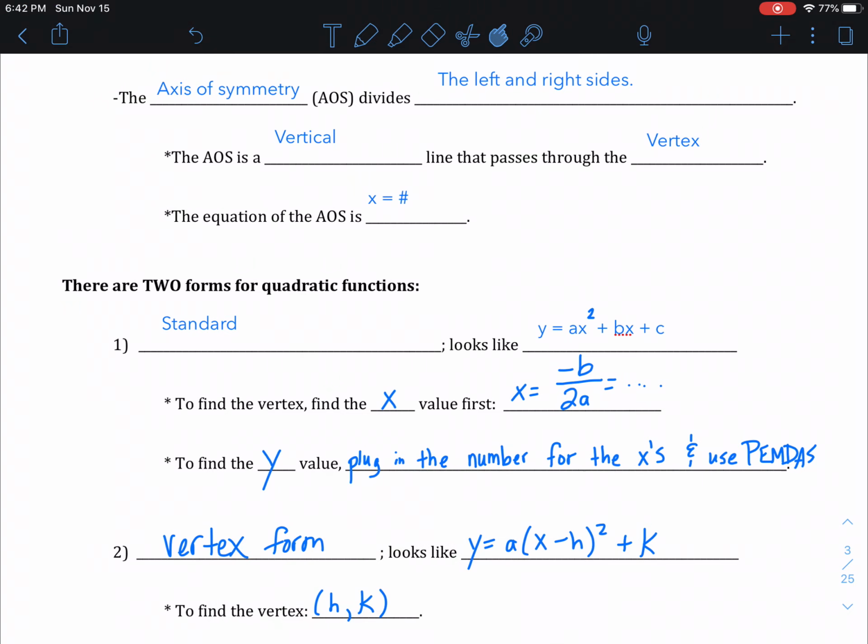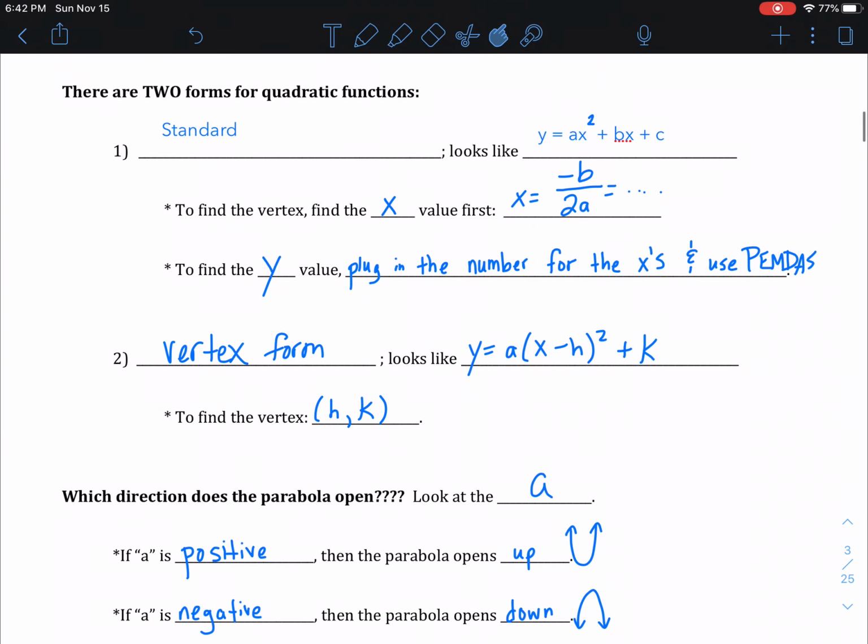So there's two forms of quadratic equations we're going to deal with today. The first one is called standard form, and as you can see, the equation to the right is in the form y equals ax squared plus bx plus c. Even though it looks like a pretty easy form, it's actually the harder of the two to graph out of.